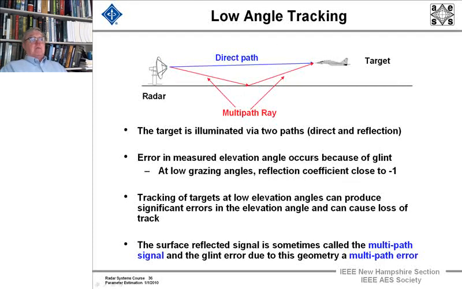And the error in the measurement angle is caused by the glinting, the interference at low grazing angles, particularly over the ocean where the reflection coefficient is close to 1, or over flat land. And tracking targets at low elevation angles can produce significant errors and can cause loss of track. This is some kind of multipath signal, and the glint error due to this geometry is multipath error.